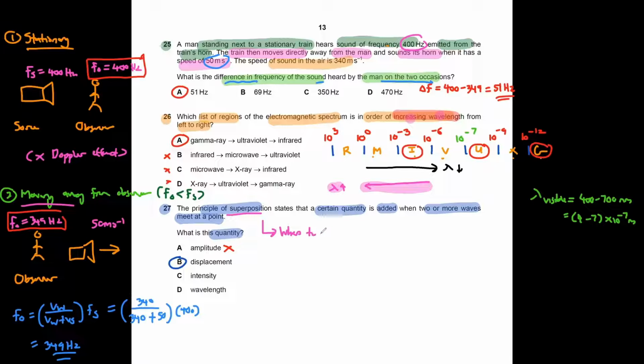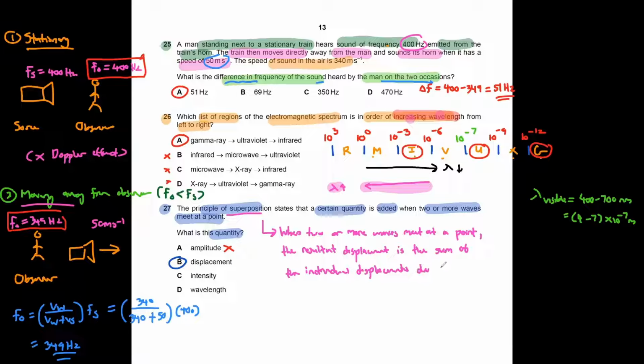When 2 or more waves meet at a point, the resultant displacement is the sum of the individual displacements due to each wave at that point.